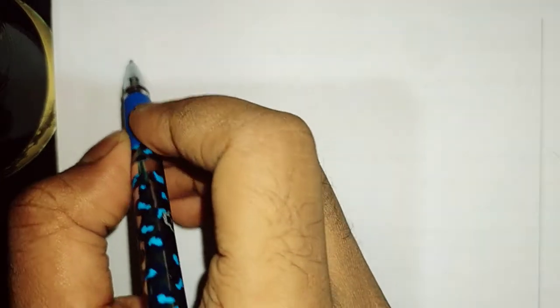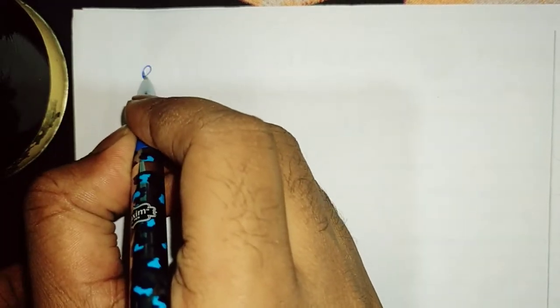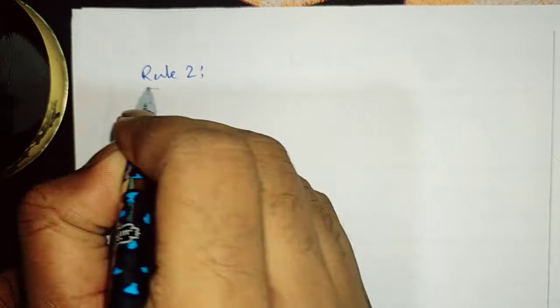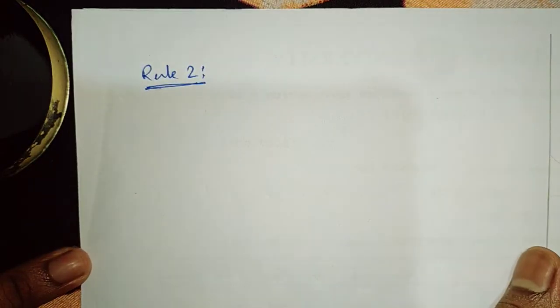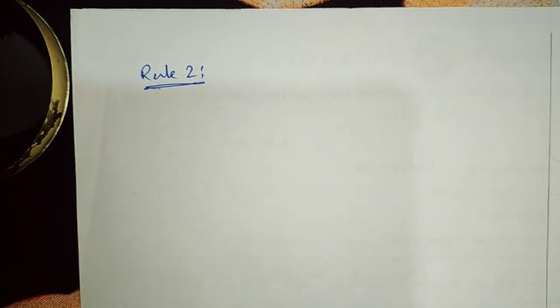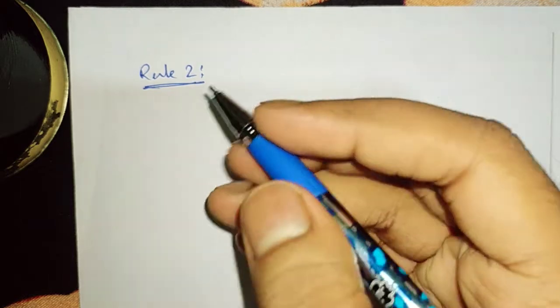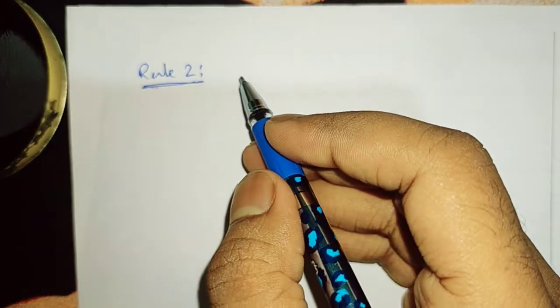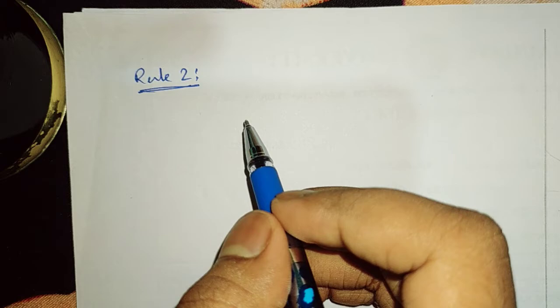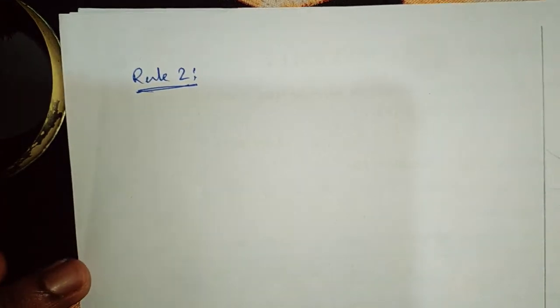Rule number 2. It says that if we write a smaller numeral after a bigger numeral, then the smaller numeral will be added.